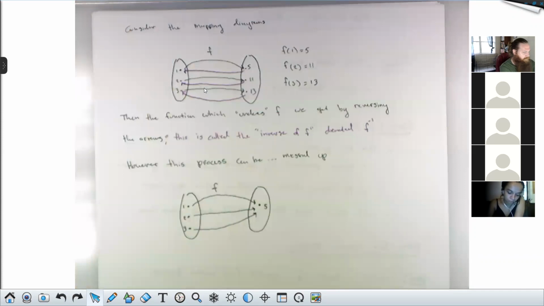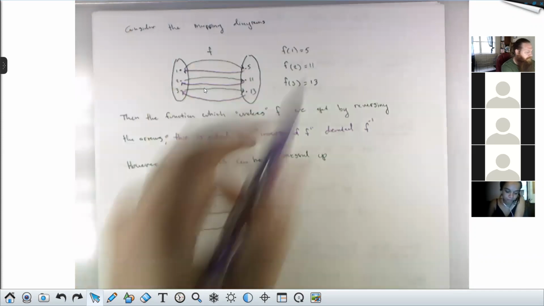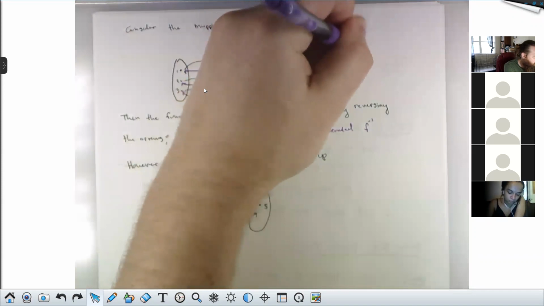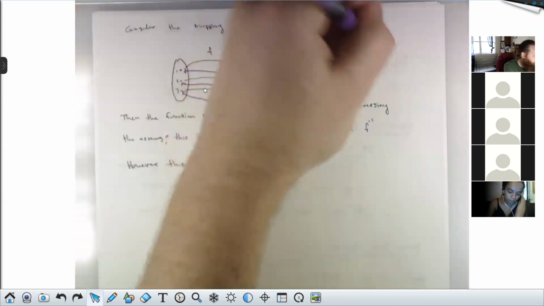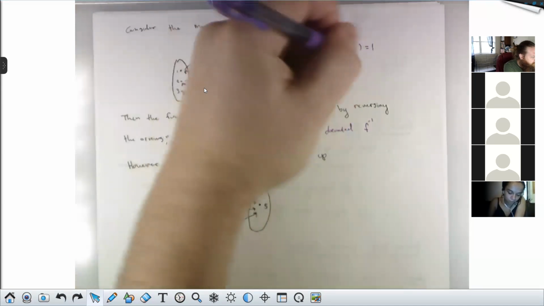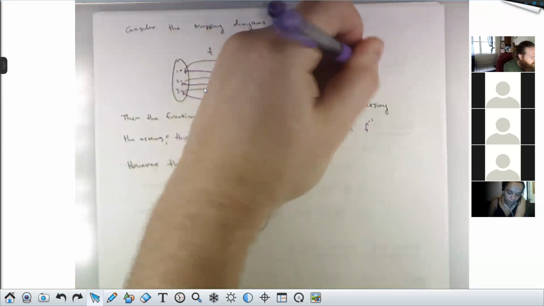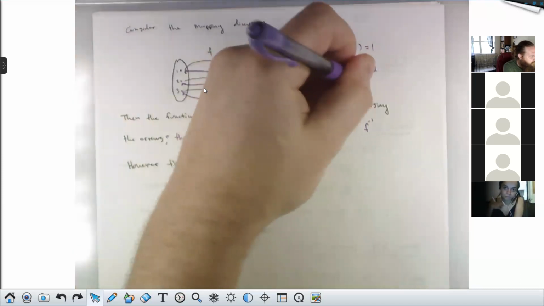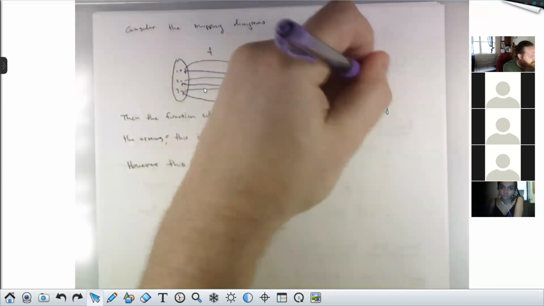Reminding you what this notation means. And the corresponding statements about the inverse would be that f inverse of 5 is 1, f inverse of 11 is 2, and f inverse of 13 is 3.